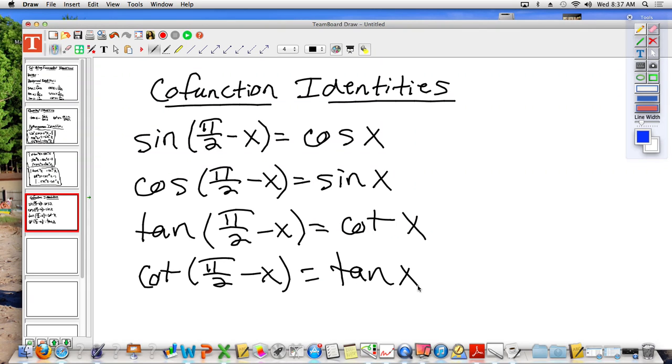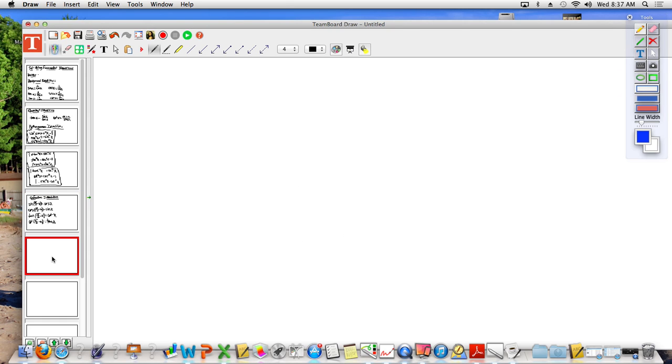Same thing happens with the secant function and the cosecant function. You have the secant of pi over 2 minus x.